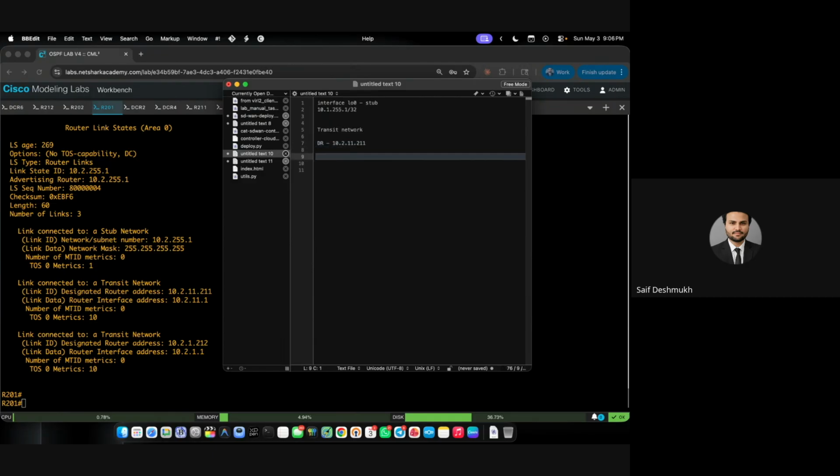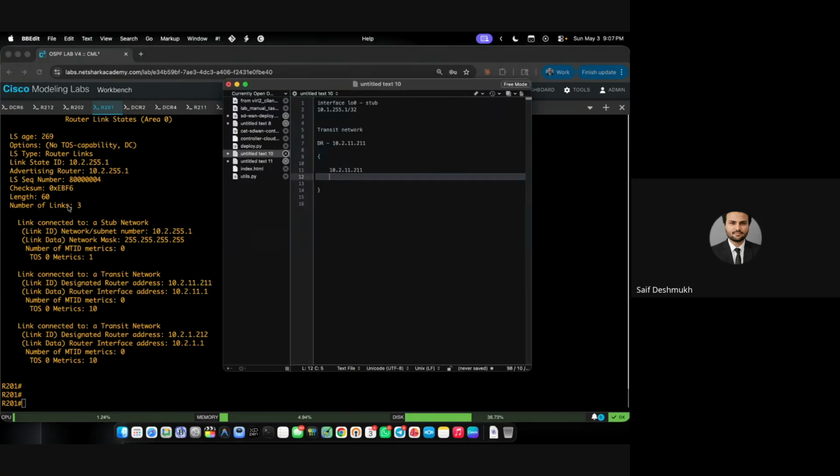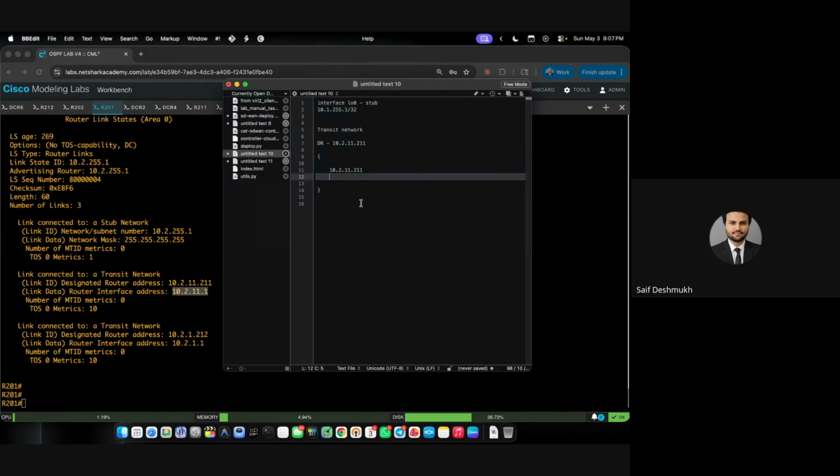So it's simple for me. Now I know that on this link, there is a DR. This is the first router, 10.2.11.211. And the router itself, whose LSA we are looking at, its IP address on that link is 10.2.11.1.